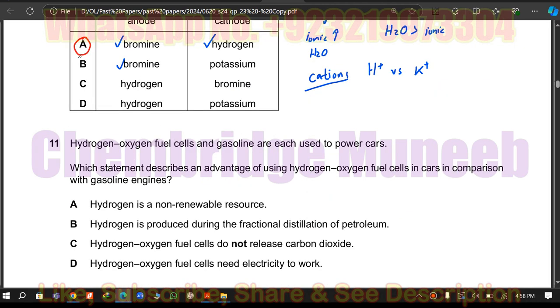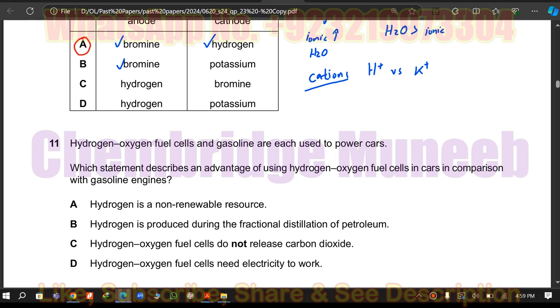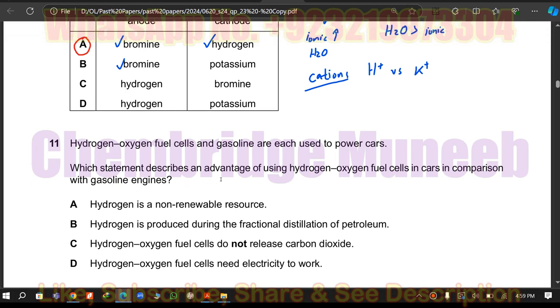Now the next question, question number 11, it states hydrogen oxygen fuel cells and gasoline are used to power cars. Which statement describes an advantage of using hydrogen oxygen fuel cells in cars in comparison with gasoline engines? So here in this question we need to find the advantage of using hydrogen oxygen fuel cells.